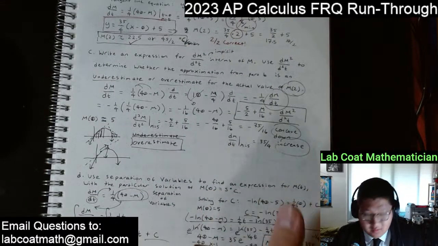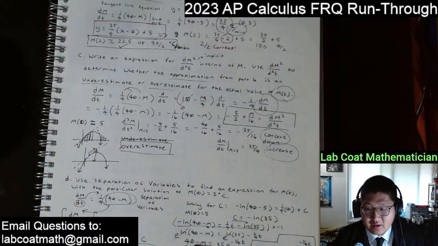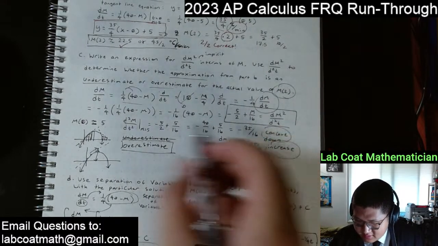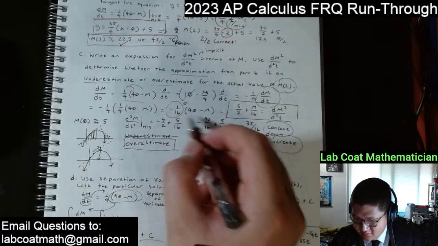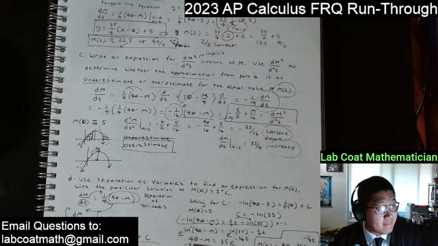Then over to part C, we are using the second derivative of this entire equation such that we can determine if it's an over or underestimate. By running the second derivative, we end up with negative 1/16 of 40 minus m. I simply decided to throw that into a distribution just to make my life a bit easier.